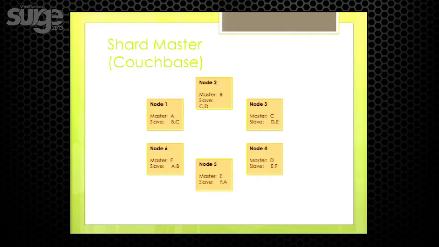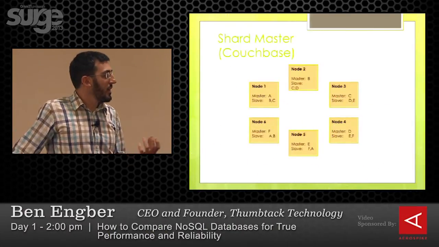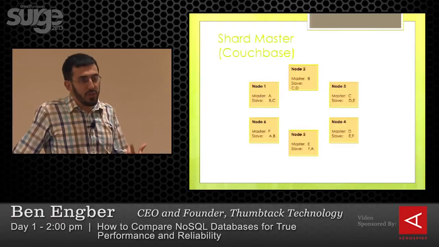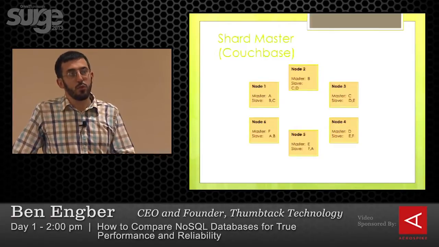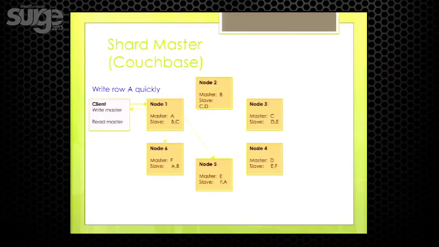Something like Couchbase takes a similar approach, except that every node is a master for something. Couchbase stores its data in what they call V-buckets, but essentially every server is a master for some set of rows, and like in Mongo, all reads and writes always go against the master.